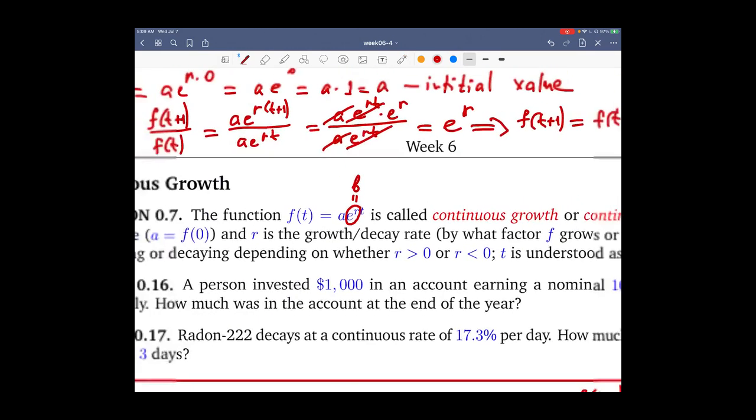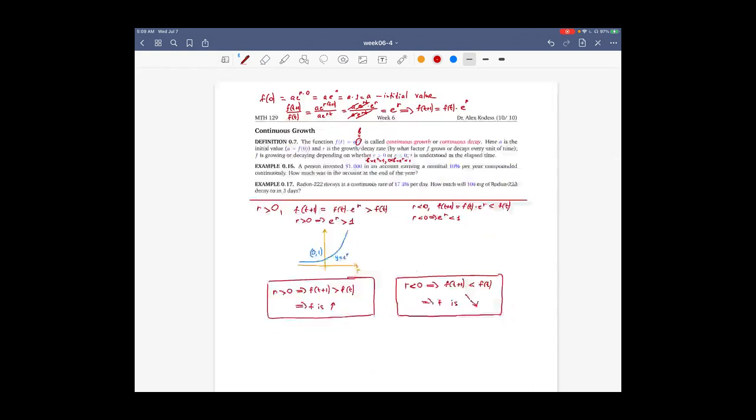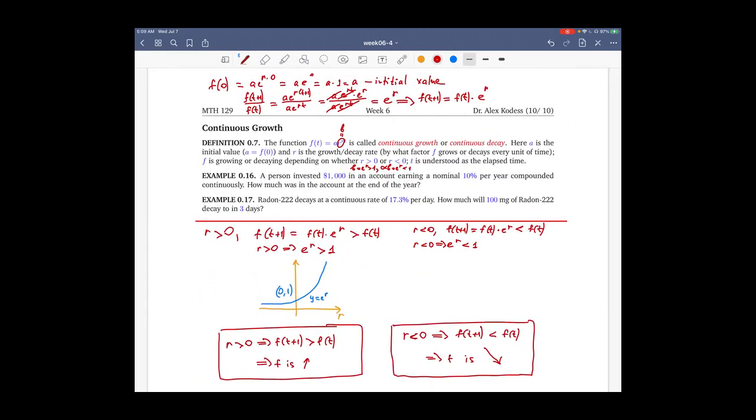So it's the usual exponential function. It's just that when r is greater than 0, b will be greater than 1. Remember, b here is e to the power r. And when r is less than 0, b, which is e to the power r, will be between 0 and 1. In this context, t is understood as time.